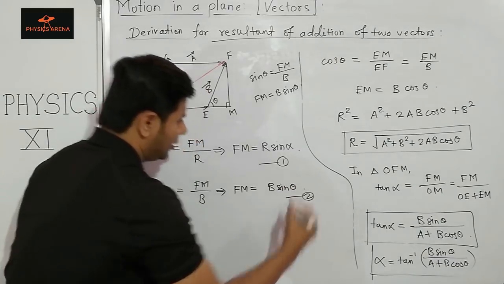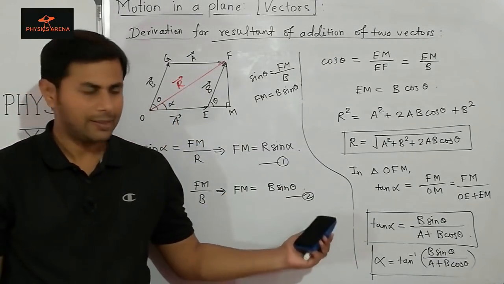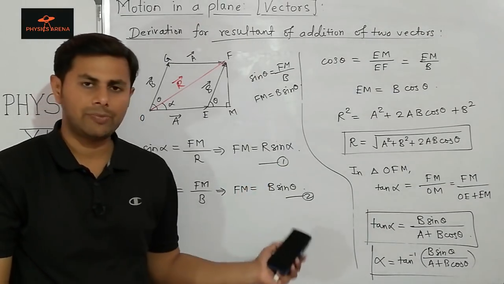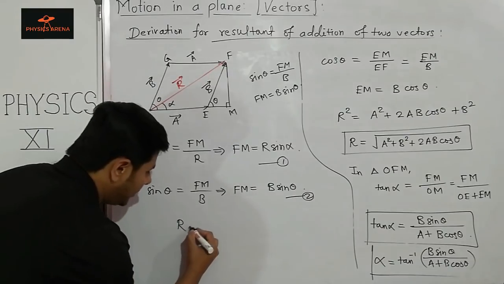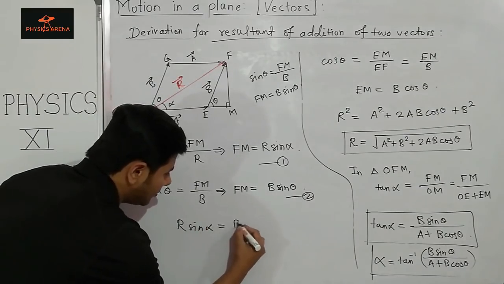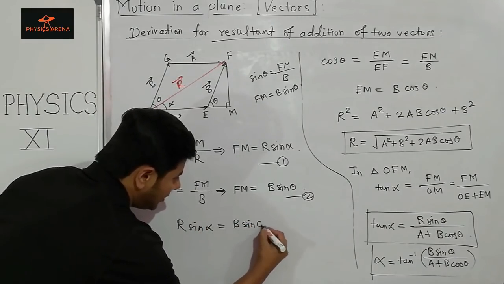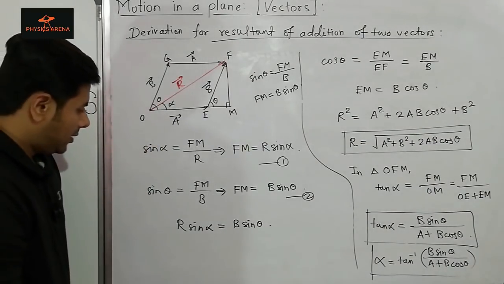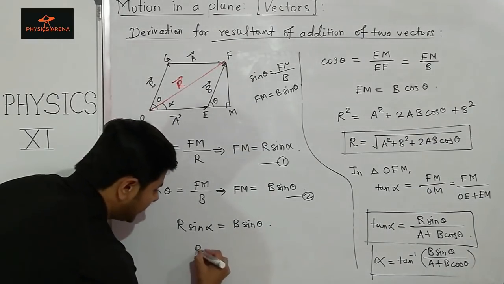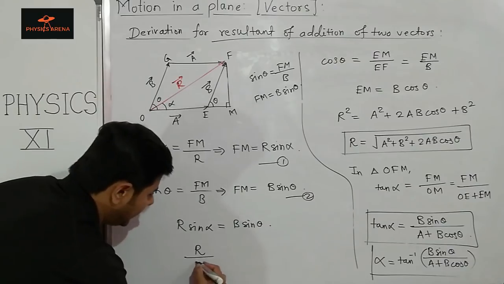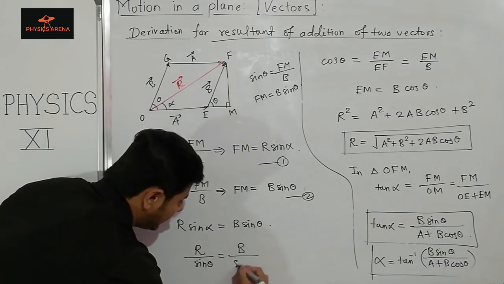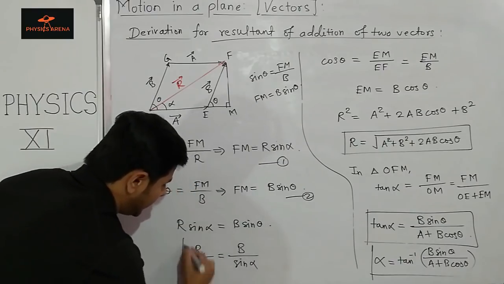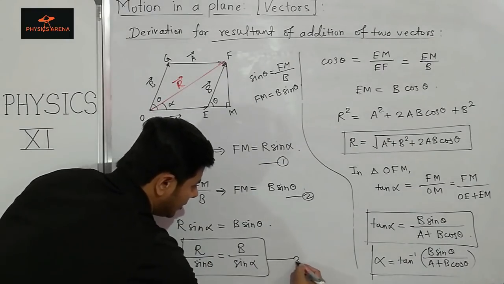This is 2. So from 1 and 2, I can write R sin alpha should be equal to B sin theta, because the left hand side is equal. So R sin alpha equals B times sin theta, and let us write this as R divided by sin theta equals B divided by sin alpha, and let us call this equation number 3.